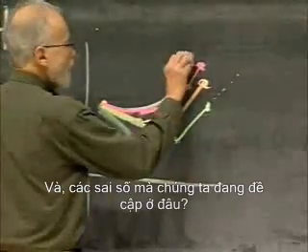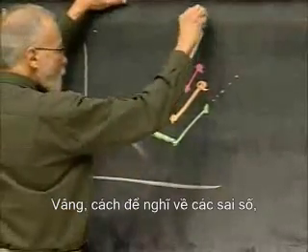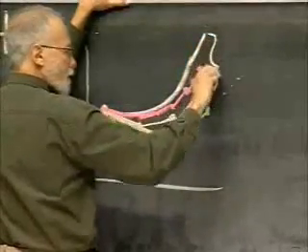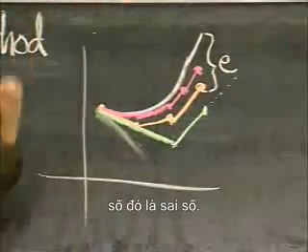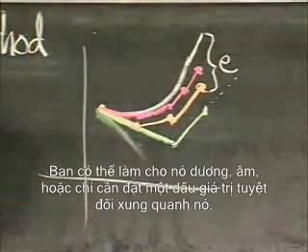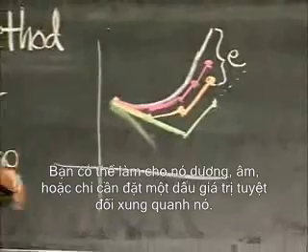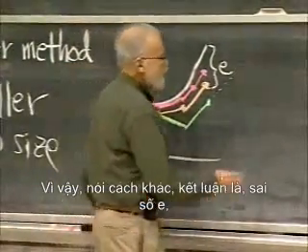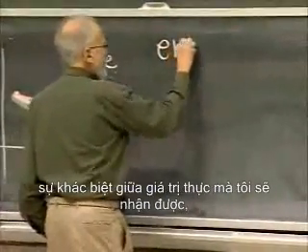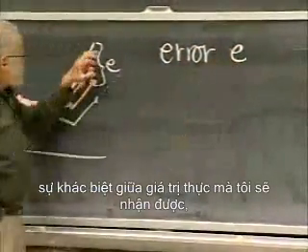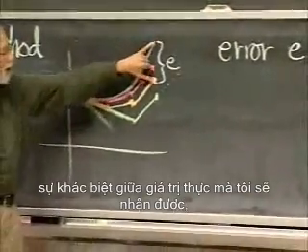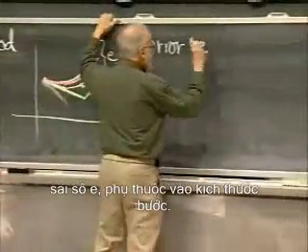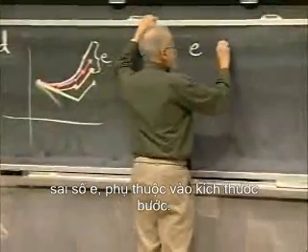And where are the errors that we're talking about? Well, the way to think of the error is this is the error. That number, the error, you can make it positive, negative, or just put an absolute value sign around it. That's not so important. So the conclusion is that the error E, the difference between the true value that I should have gotten and the Euler value that the calculation produced, the error E depends on the step size.